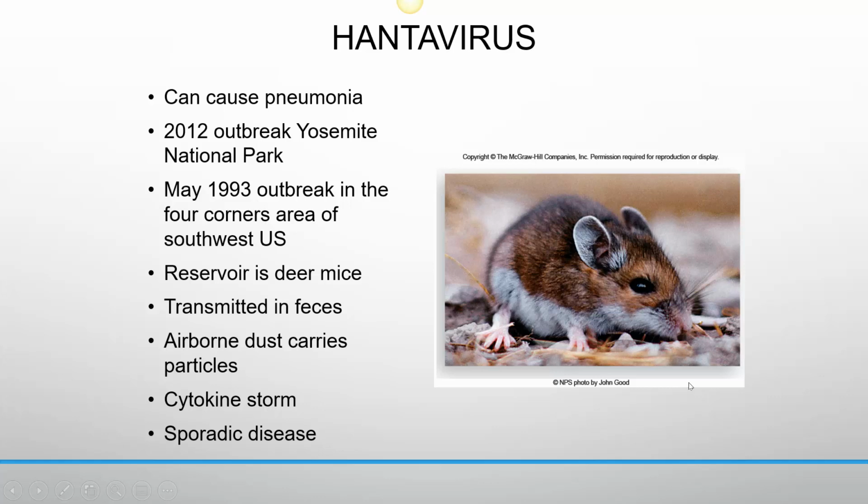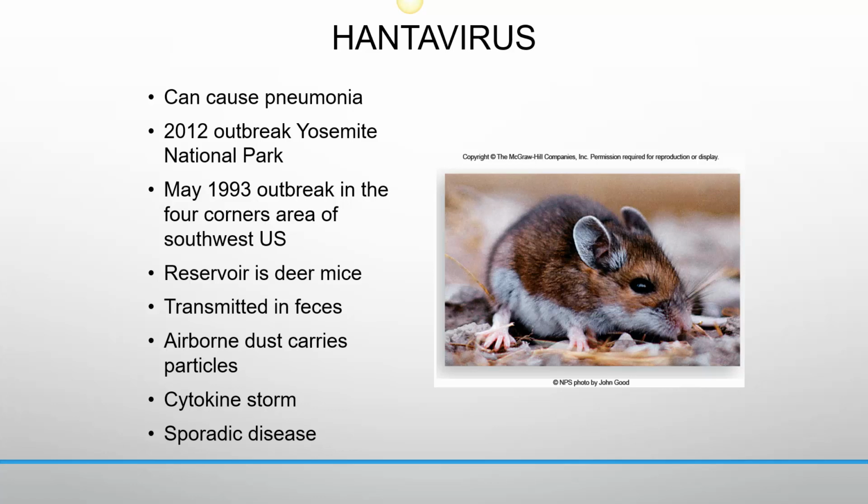When these animals defecate in barns or around where people live, and people go into the area and disrupt the feces, let's say you decided to sweep up a barn one day, the sweeping causes the viral particles to aerosolize, and then the person breathes these in. If you breathe in enough particles, you end up getting infected.